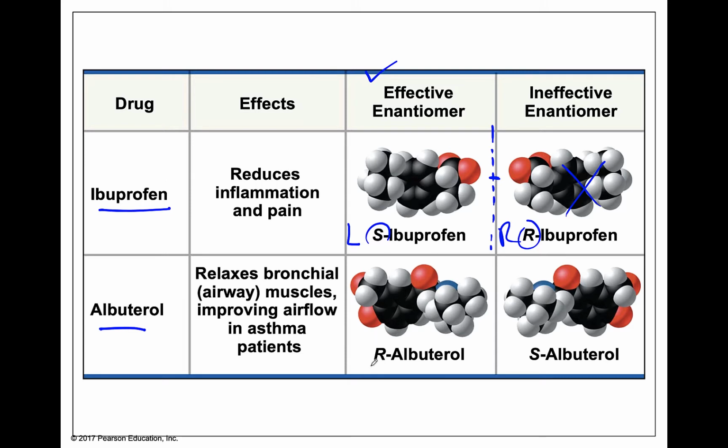And in this case, the R albuterol is the effective one, and the S albuterol is the ineffective one. So why is one effective and one is not? And it's because the specific shape of a molecule has to fit into the receptor molecules, the receiving proteins on our cells. So for albuterol, for this to actually affect our bronchial muscles, it has to actually interact with those cells.